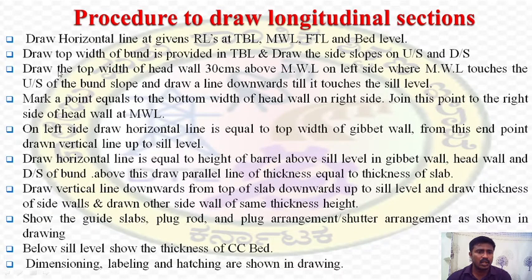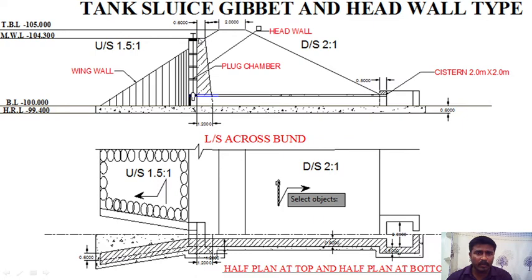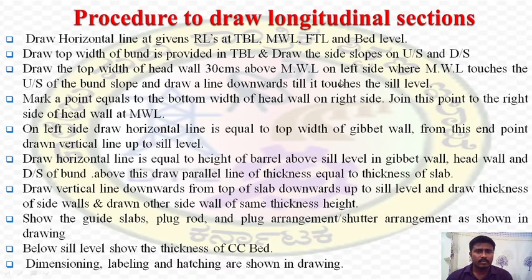Next, draw the top width of the head wall 30 centimeter above maximum water level on the left side where MWL touches the upstream bund slope. Here you draw the top width of the head wall. The head wall top surface should be 0.3 meter above the maximum water level. Next, draw a line downwards till it touches the sill level.